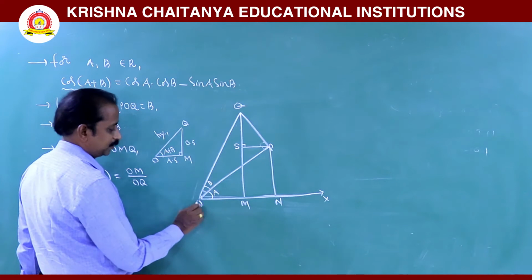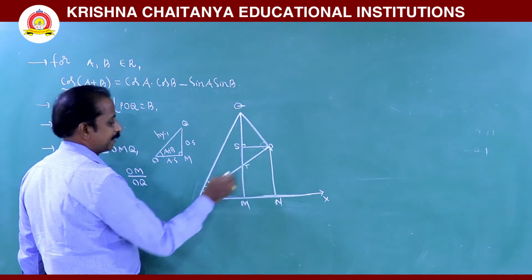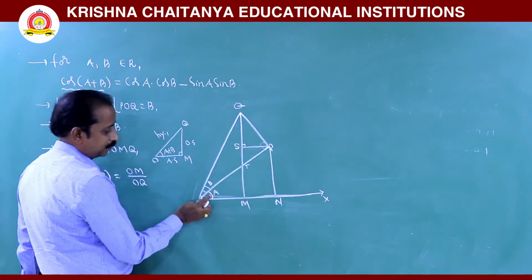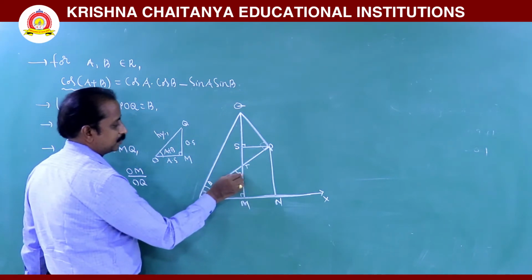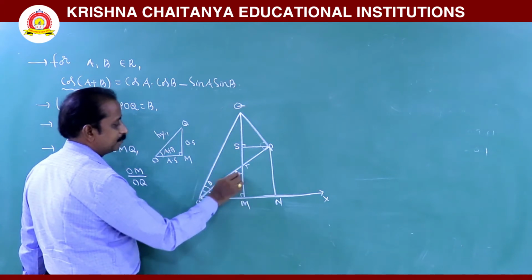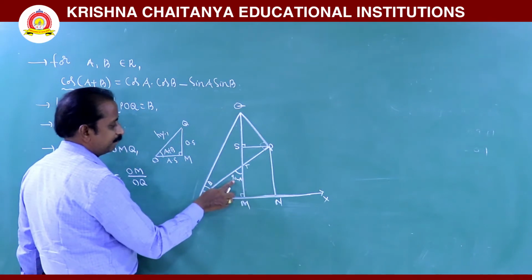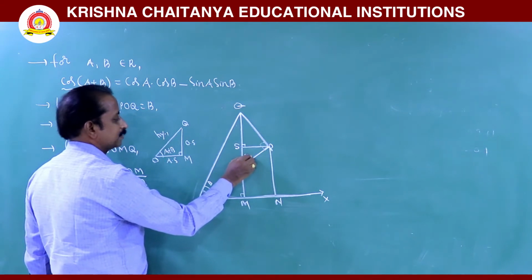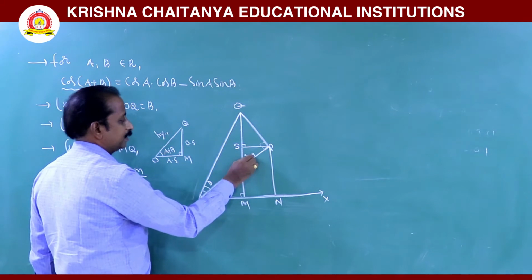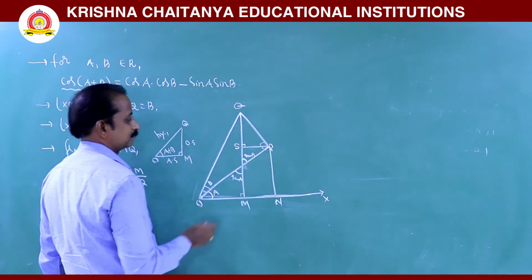What are the angles? If you consider triangle OMT, the measuring angle is A, we know that this is a right angle, so this angle should be 90 minus A. If it is 90 minus A, we know that this one also is 90 minus A, and this is nothing but a right angle.